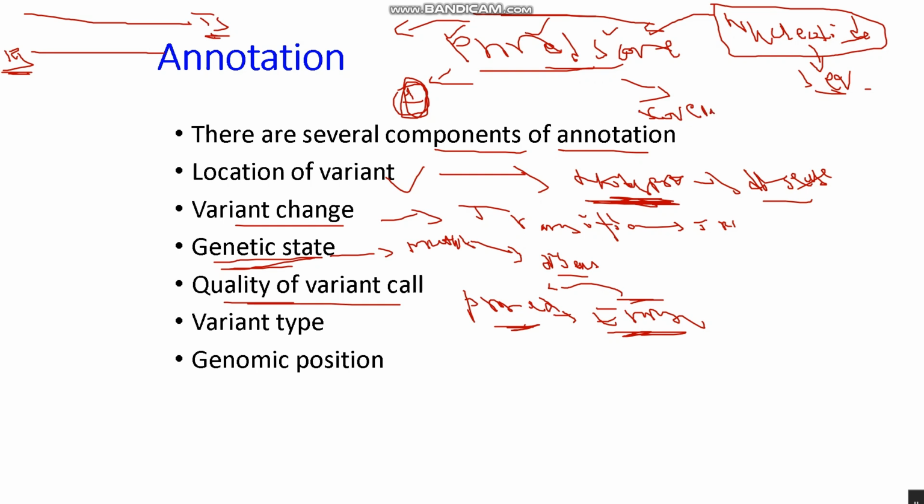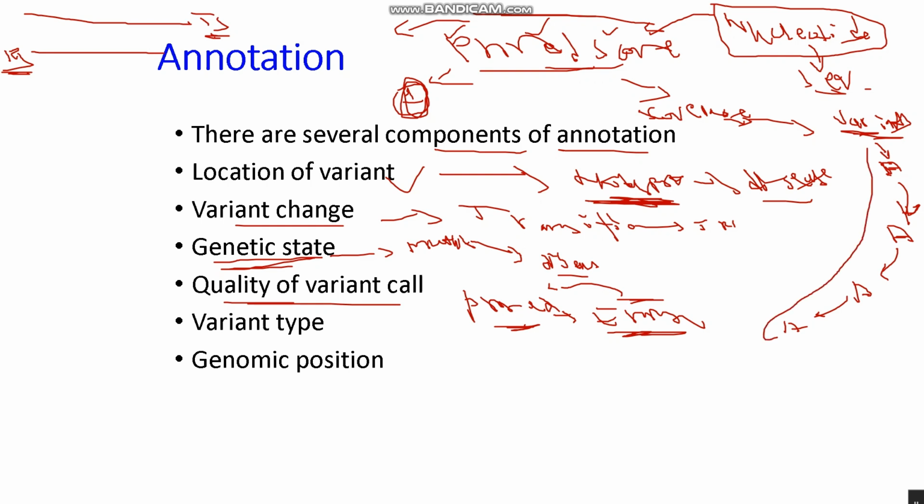What is coverage? It means how many times the variant is seen again and again the same. If A is produced by one DNA fragment, and in the next fragment again A is there, and again A is there, it means the coverage of the variant is very high.